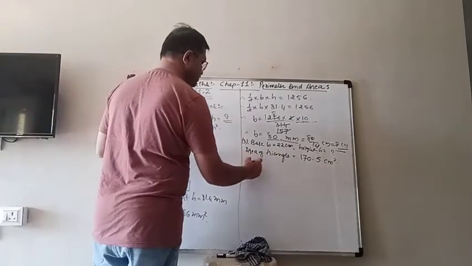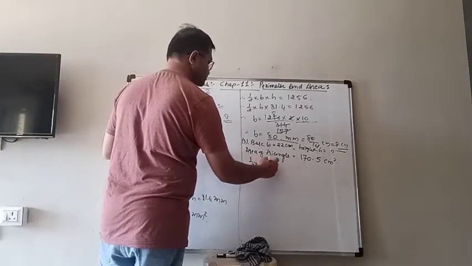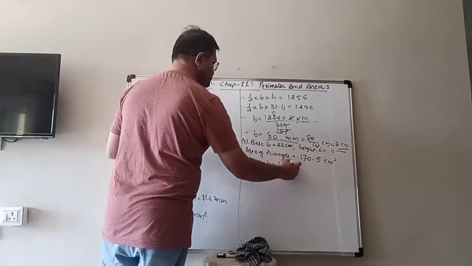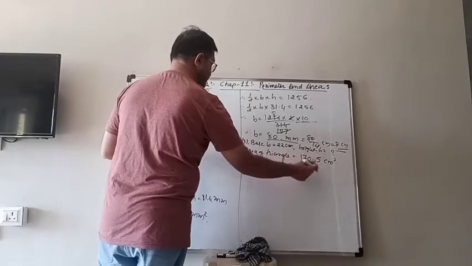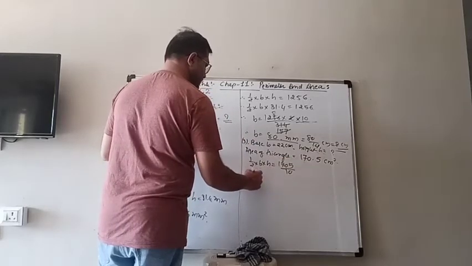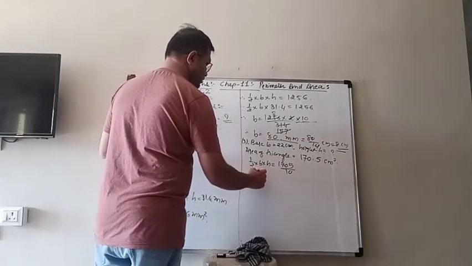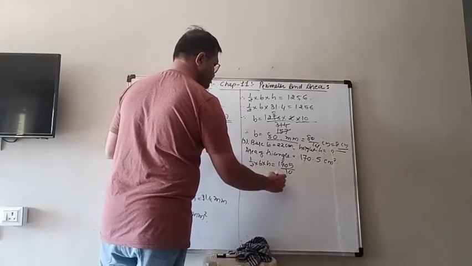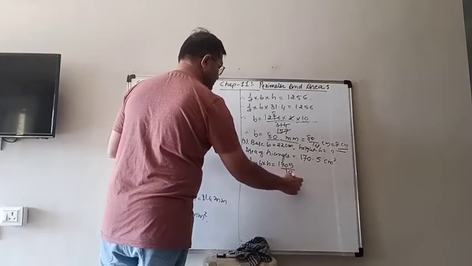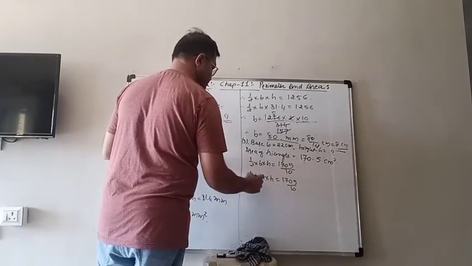So 1 by 2 into B into H is equal to 1705 upon 10. So 1 by 2 into 22 into H is equal to 1705 upon 10.